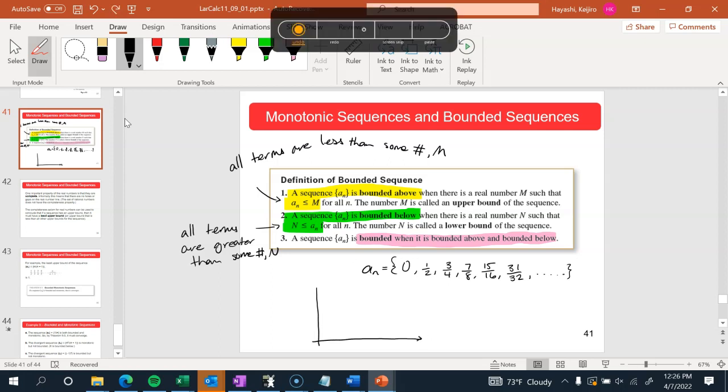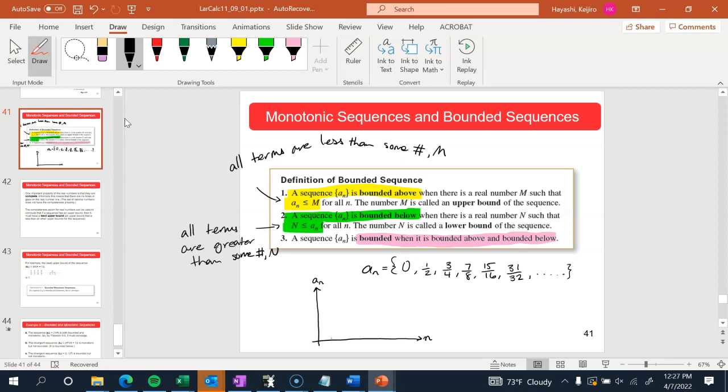So here's the n-axis, and here's the values of the sequence. Okay, so we'll just have like 1 right here.